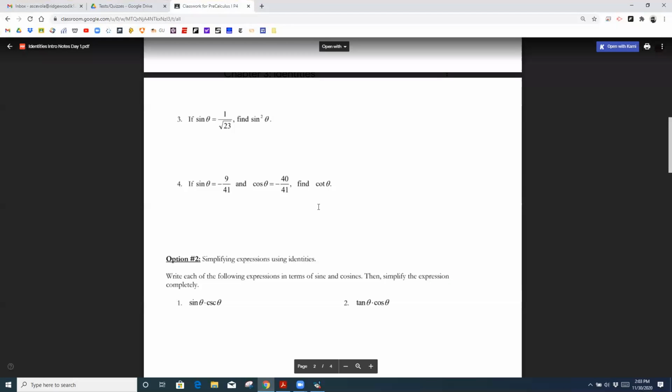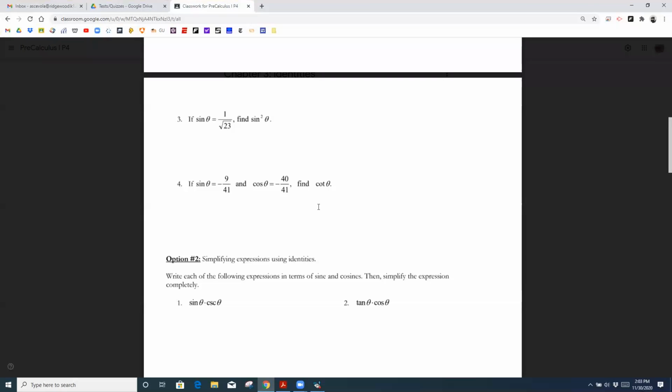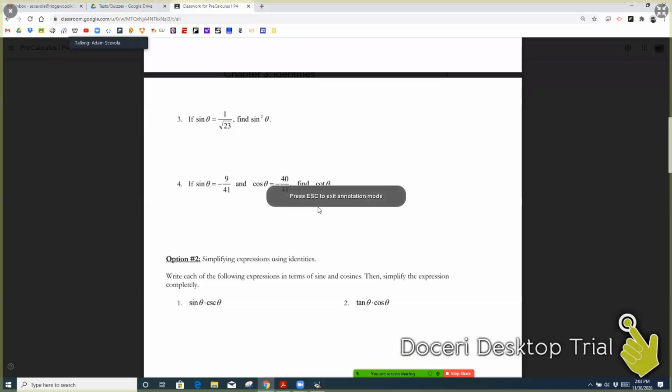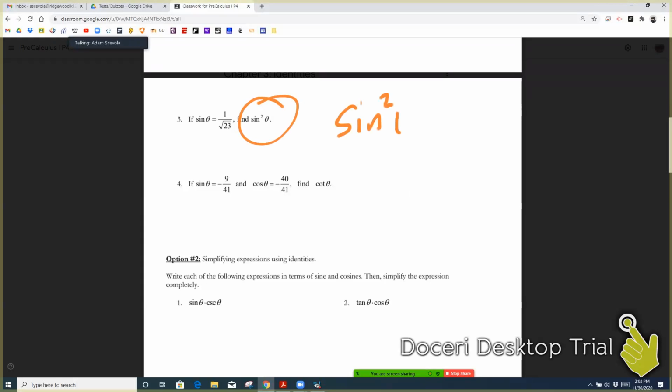All right, example 3. Sine of theta is equal to 1 over √23. Find the sine squared of theta. I put this one because I want to make sure you understand what this means. When it's written like this, that's the same thing as the sine of theta, and then you square it.